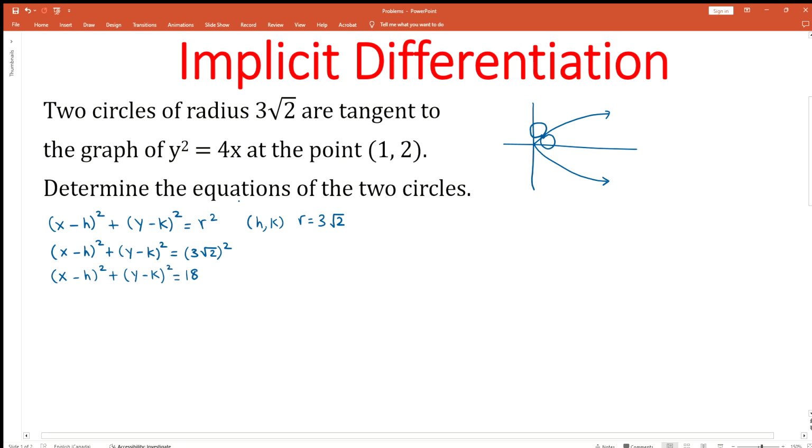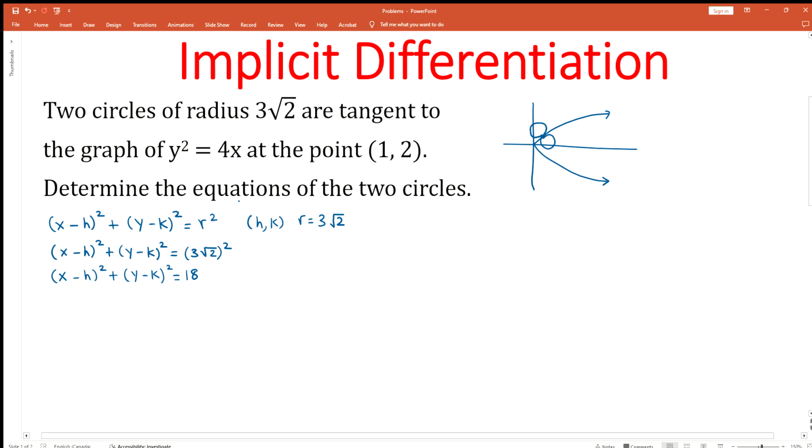We have to find the values of h and k to find the equation of the two circles. For that, we have to use the concepts of tangent. As per the problem, the circles are tangent to the graph of y squared equals 4x. So a tangent line that we draw at the point (1, 2) is tangent to the circles and the curve y squared equals 4x. The tangent will be common to the circles and the curve.